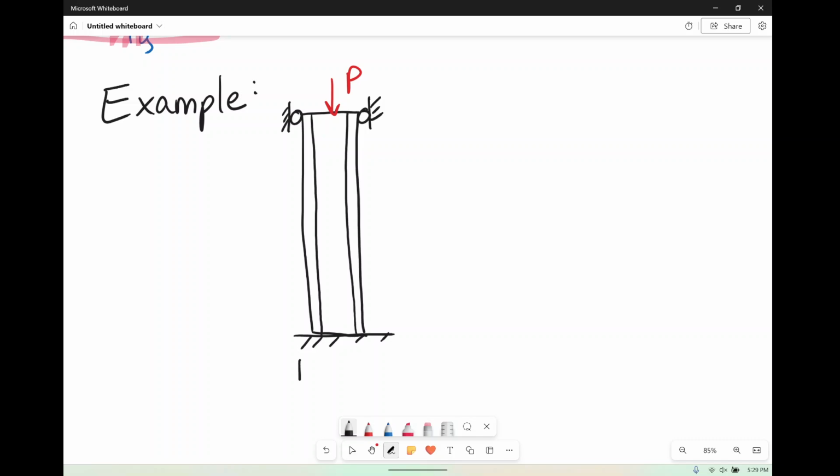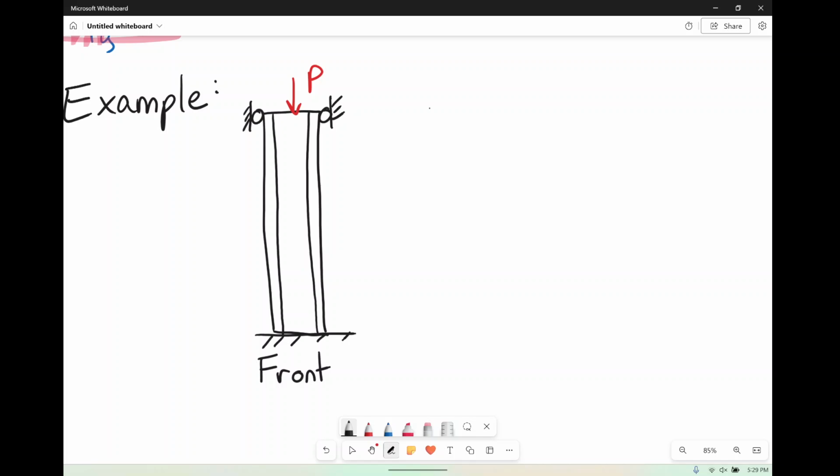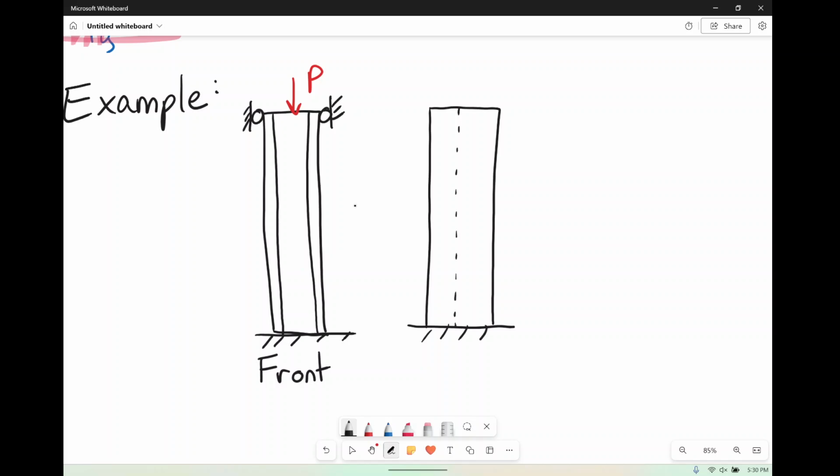We're going to call this our front face. And then from the side, you turn it around and you look the other direction. This time you really don't see anything, you just see the top flange. So here's the web, skinny little piece, and again, P at the dead center.